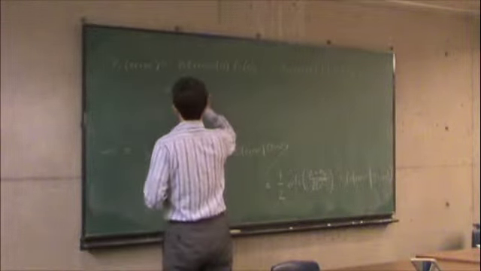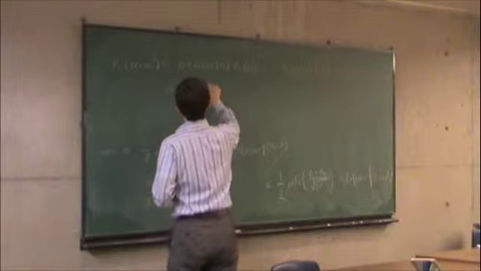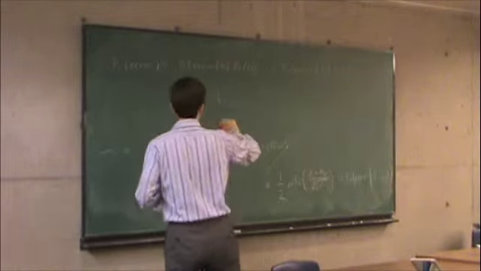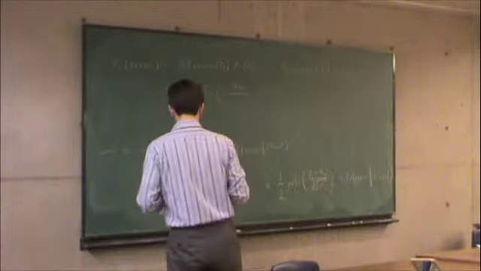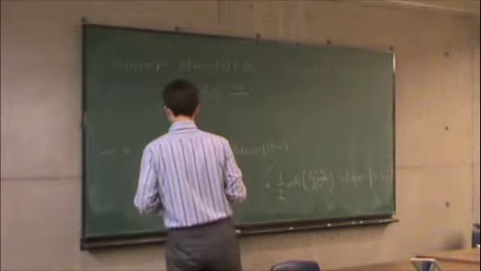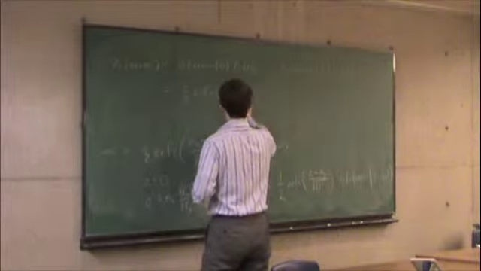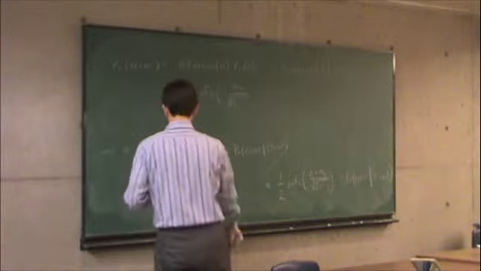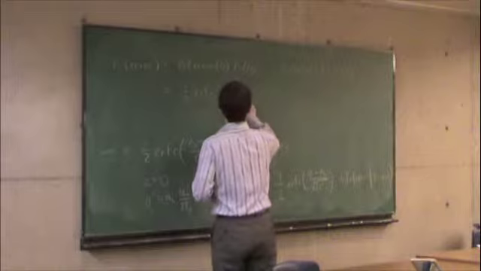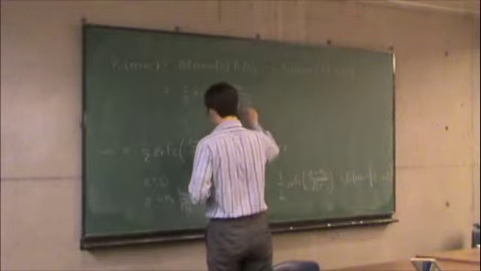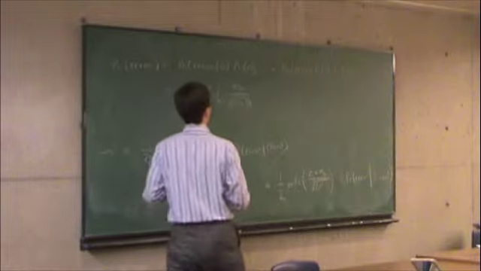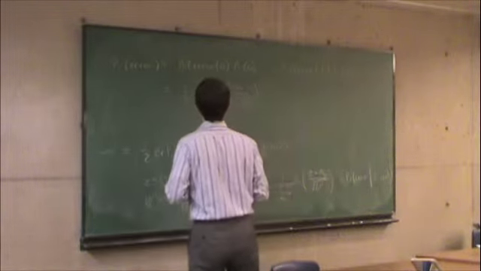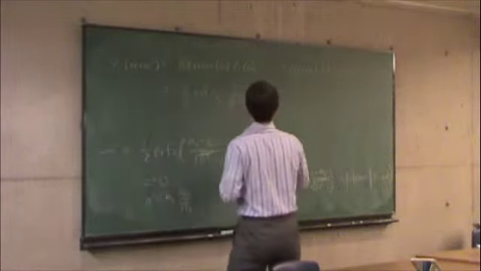So we end up with 1/2 erfc of N_B divided by root 2 sigma squared, but I can substitute that in with N_B N0 over 2 T_S.